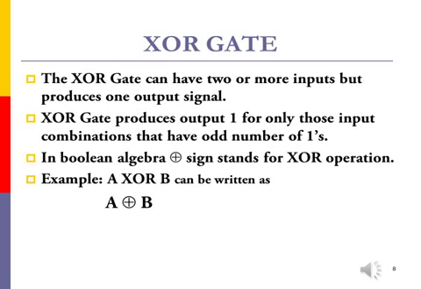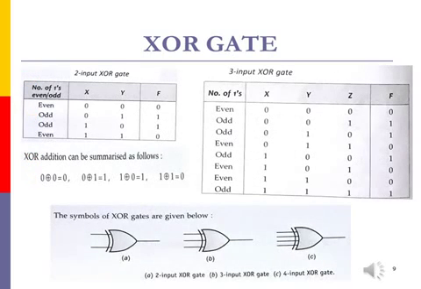For example, A XOR B can be written as A plus B. Here the 2 input and 3 input XOR gates are given. If the number of ones in the input is even, then it will produce the result as 0. If the number of ones in the input is odd, then it will produce the result as 1. Here the XOR gate symbol is given for the 2 input, 3 input and 4 input XOR gate.